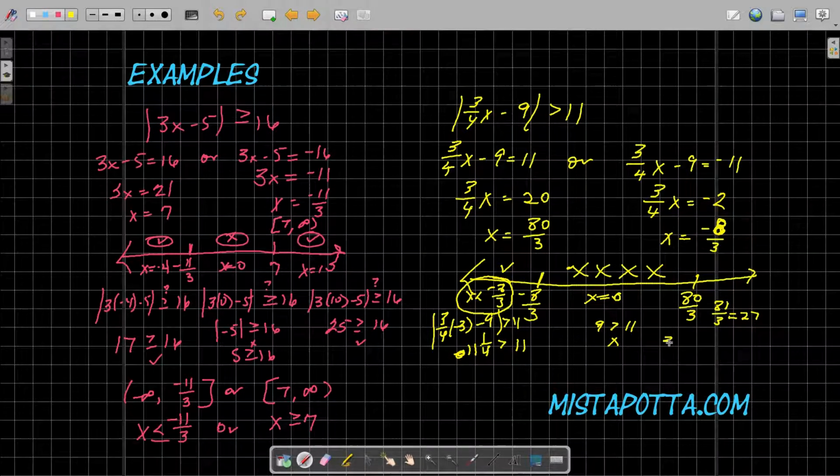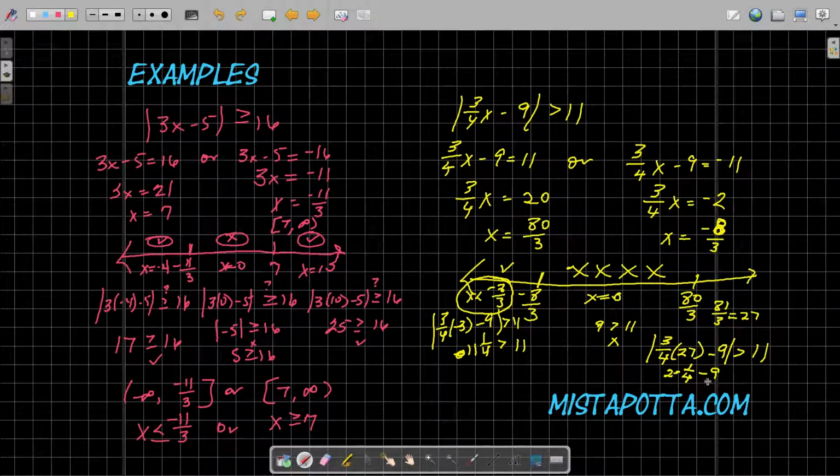So if I take 3/4 of 27 and then subtract 9, I want to know, is this bigger than 11? Well, 3 times 27 is 81. 81 divided by 4 would be, well, 80 divided by 4 is 20. So that would be 20 1/4.